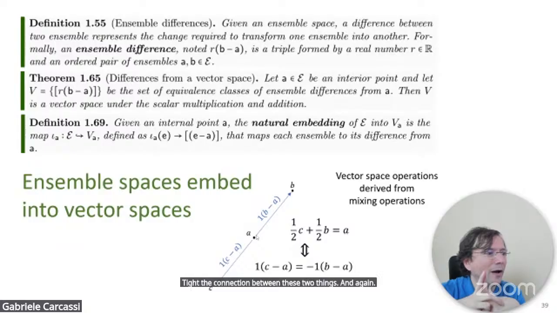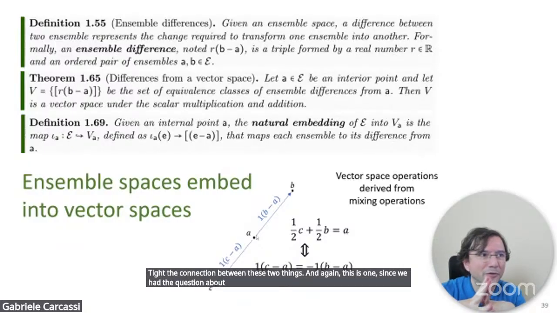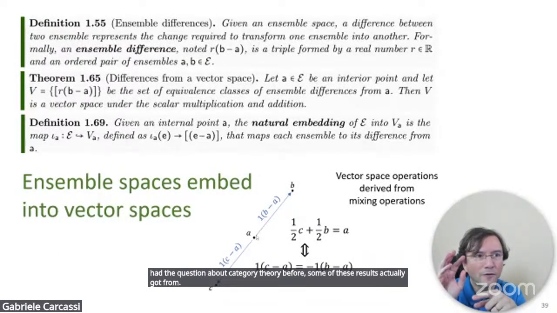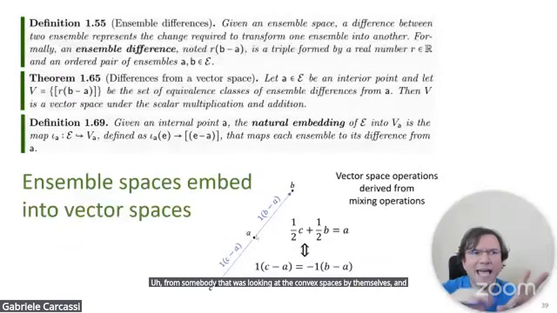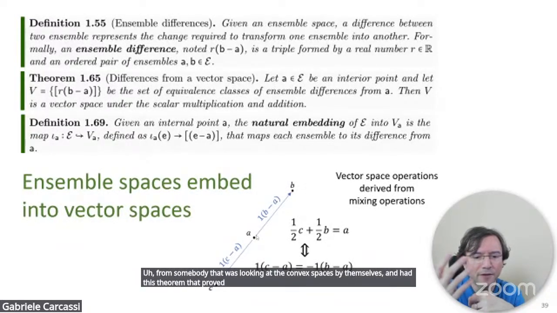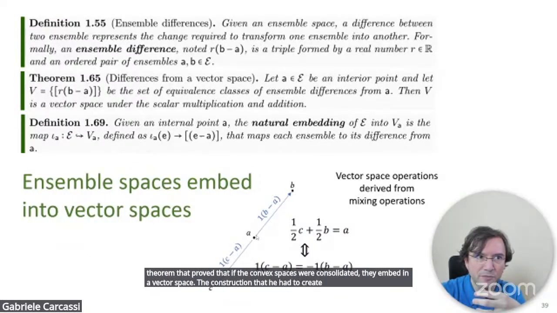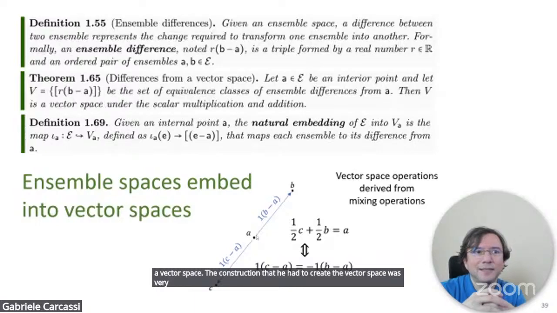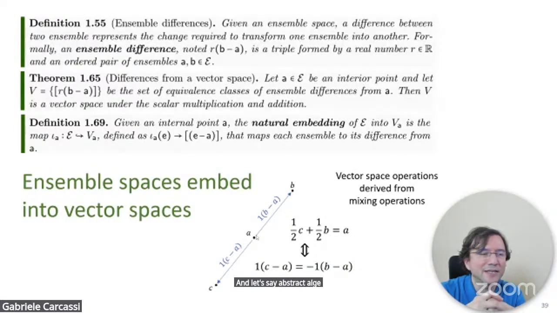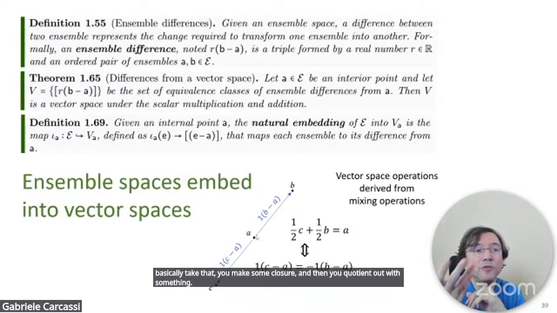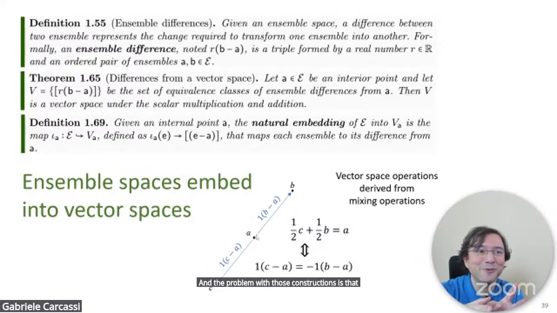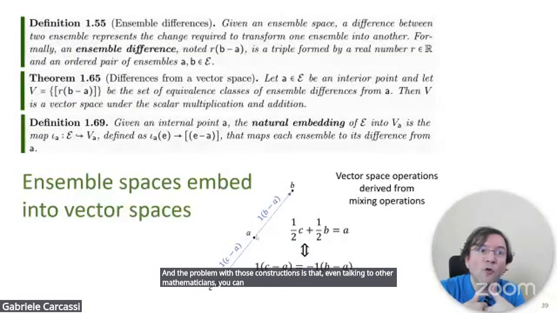And again, since we had the question about category theory before, some of these results I actually got from somebody who was looking at convex spaces by themselves and had a theorem proving that if the convex spaces were cancellative, they embed in a vector space. The construction he had to create the vector space was essentially abstract algebraic, categorical, in the sense that you take some closure, and then you quotient out with something. And the problem with those constructions is that even talking to other mathematicians, you can't build an intuition of what those things are.